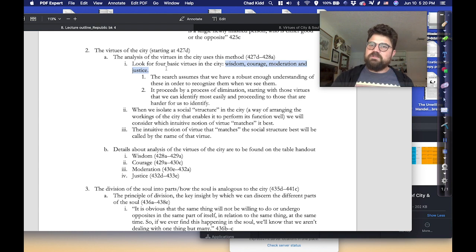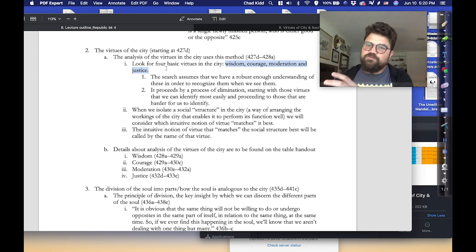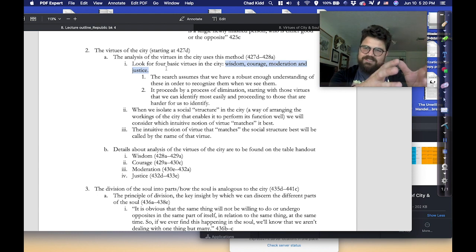And the way that the search for the virtues proceeds is by a process of elimination. Socrates says we're going to start our search by looking for those virtues in the city that we are most familiar with, that we think we have the best understanding of. And we'll move from those, after we identify them in the city, to those that are less familiar, right? Working by a process of elimination, working up to the point where we say, oh, well, whatever this virtue is that's left, that must be the one that I didn't know how to identify before, okay?